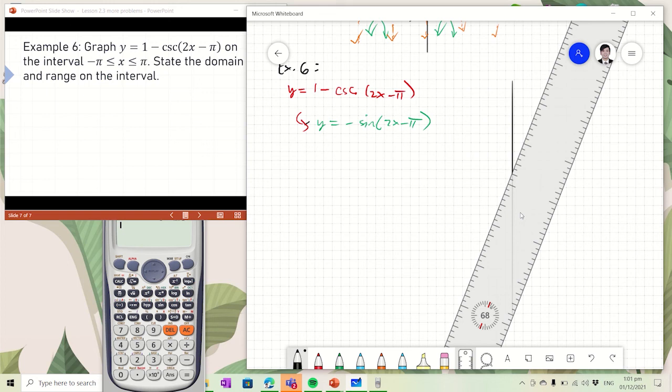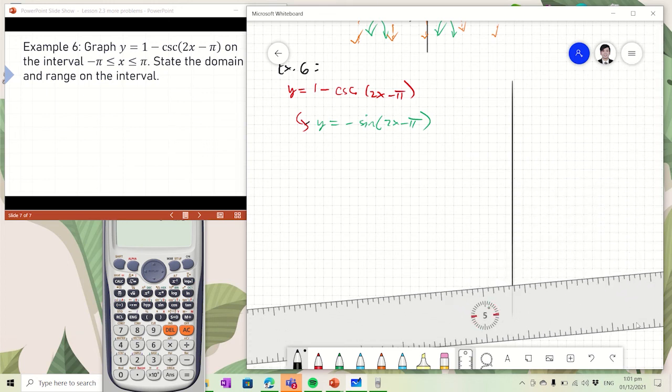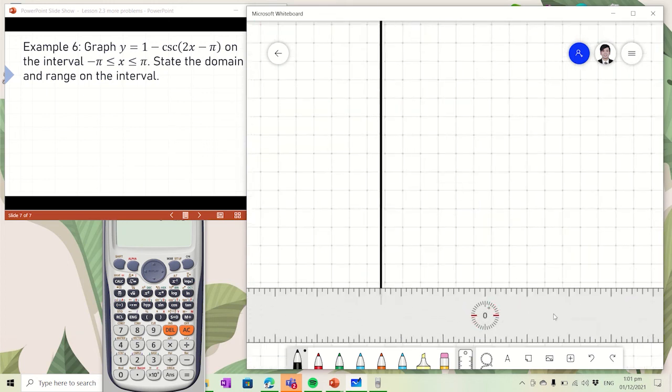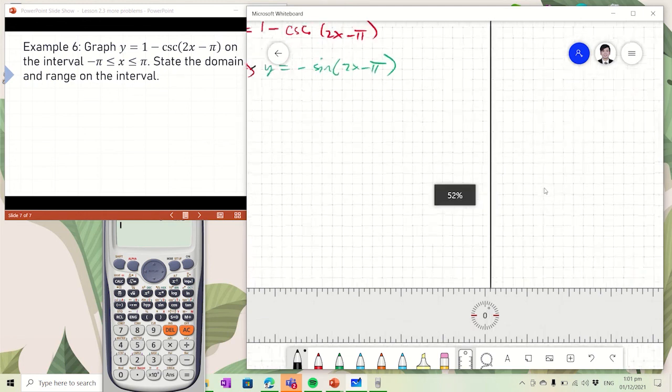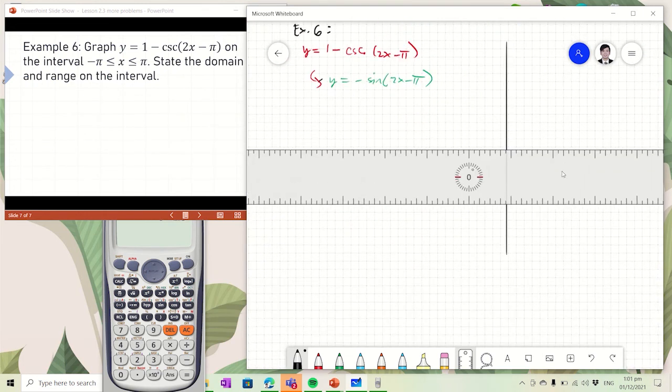Then, ikot muna tayo. Then, gawa na tayo ng Cartesian plane. So, ayan.